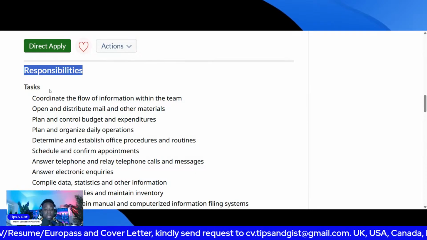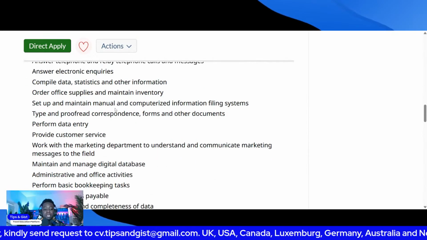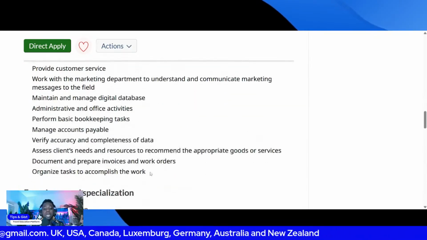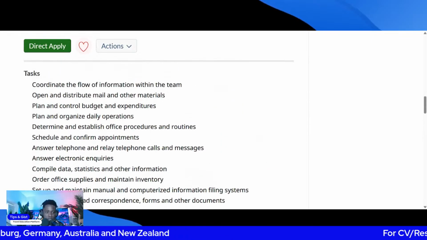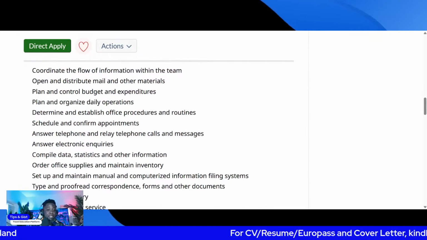Now, another thing you have to consider on the portal is responsibilities. Another word is task or role. The responsibilities are the things that the employer wants you to come and do, and they want to see some of these responsibilities on your resume. That is what we call the ATS, the applicant tracking system.